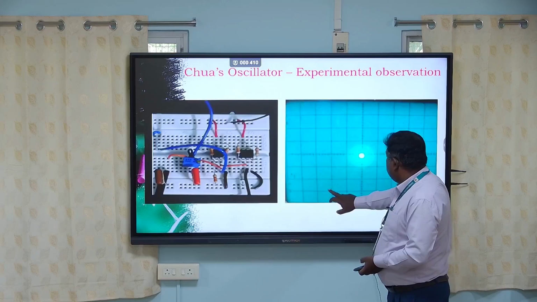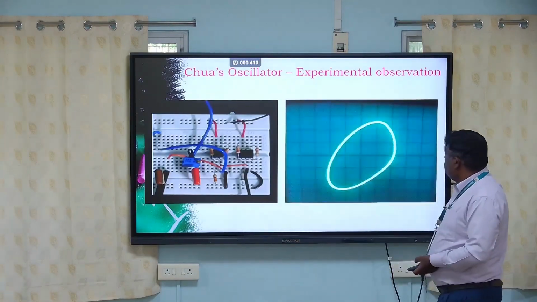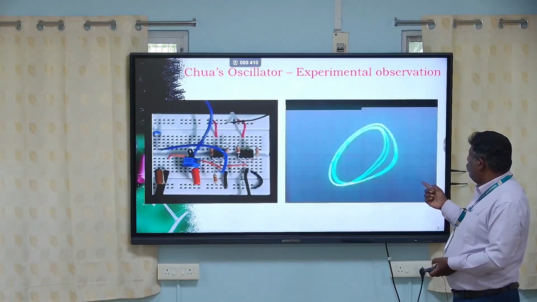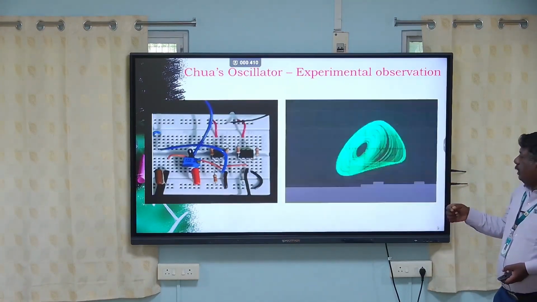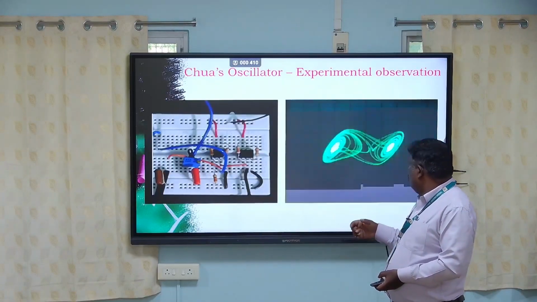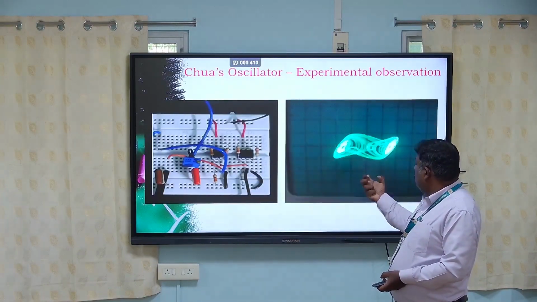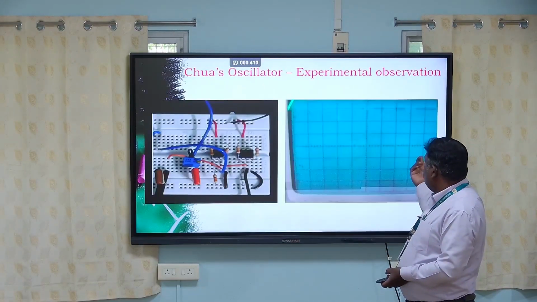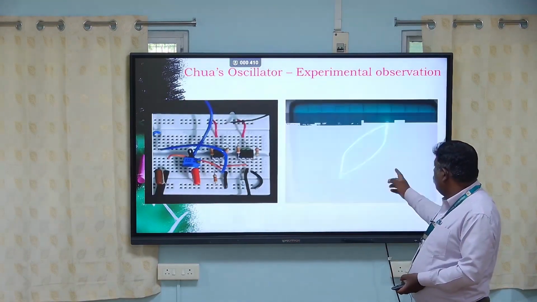By seeing this video, we can observe 1T, 2T and 4T chaos, 1 band chaos, further increasing the resistor, 2 band chaos, and further increasing, it keeps on shrinking its area, and finally we get the boundary condition. So this is the boundary condition.